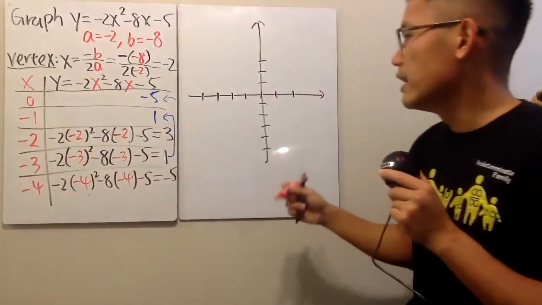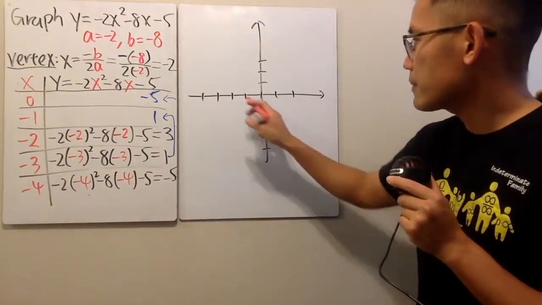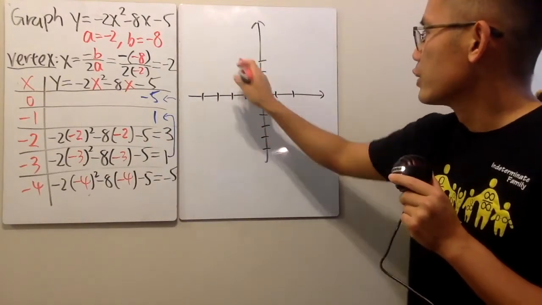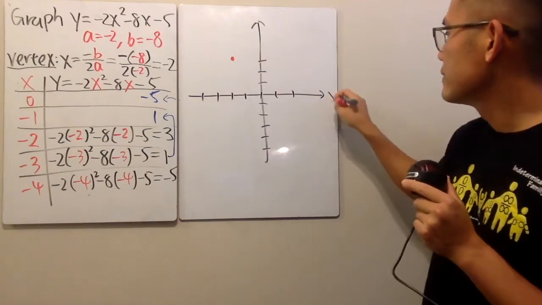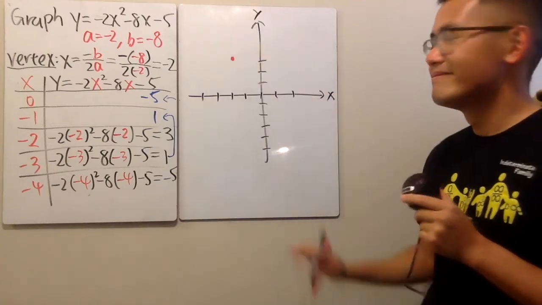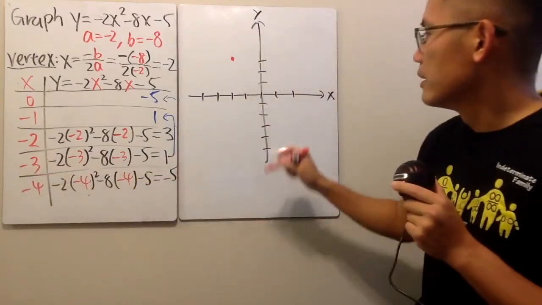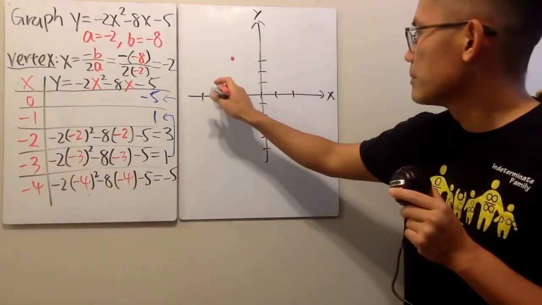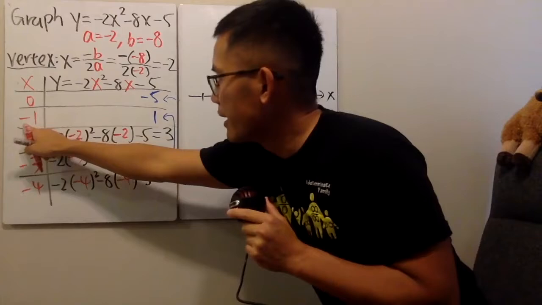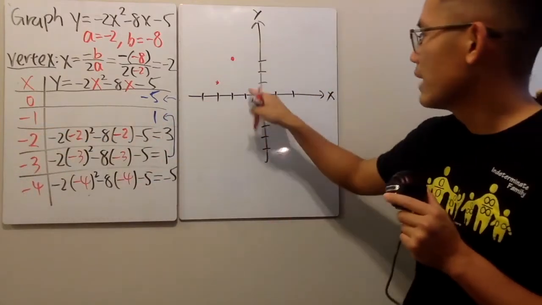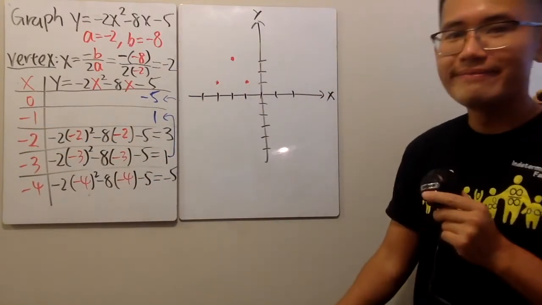Vertex is right here, negative 2, 3. Negative 2 for x, and then go up to the y value, right? X and the y. First point, and then the next point is negative 3, 1. So negative 3, 1. Also negative 1, 1. So we have it right here as well.